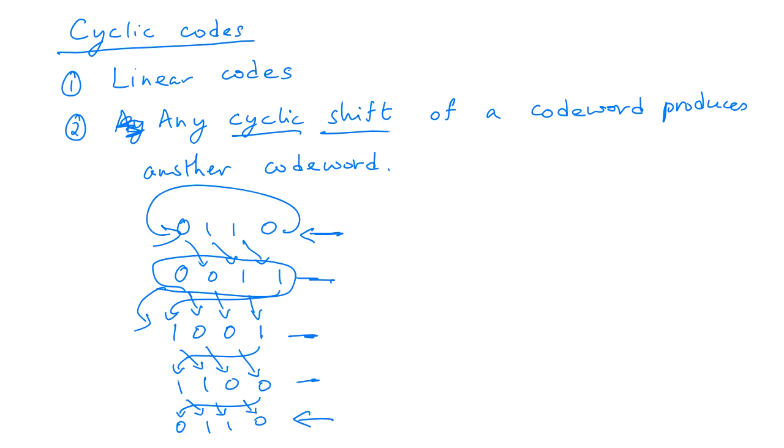We have seen the example here where we did the shift to the right. We have shifted the bits to the right. We can do the same thing. I'll start with the same example, 0, 1, 1, 0, but we'll now shift it to the left and go in this direction.